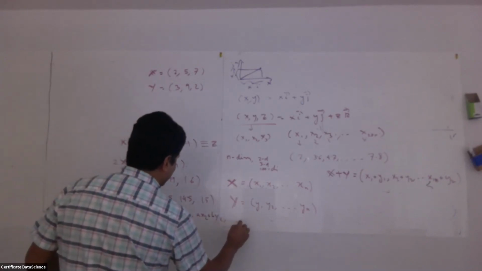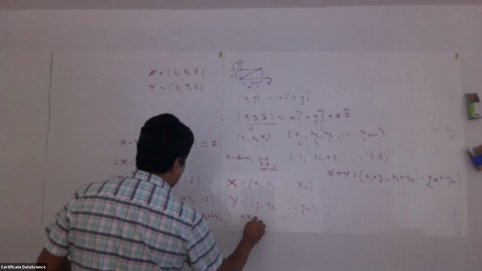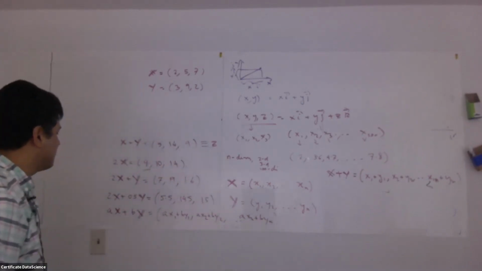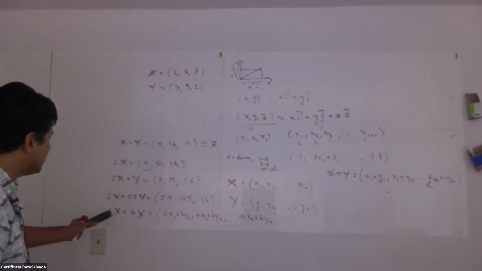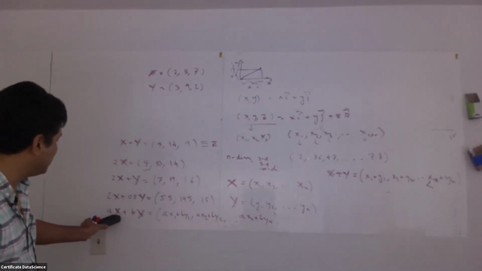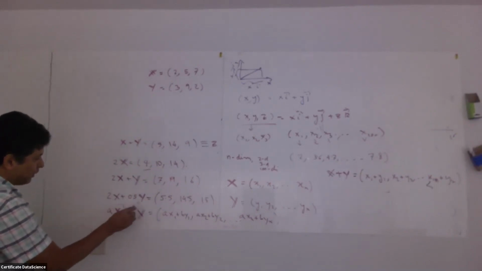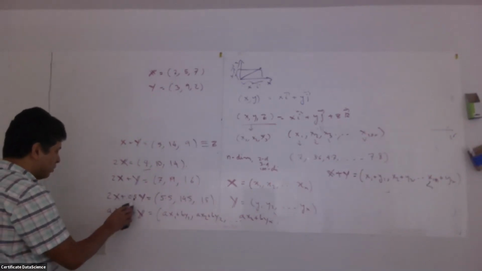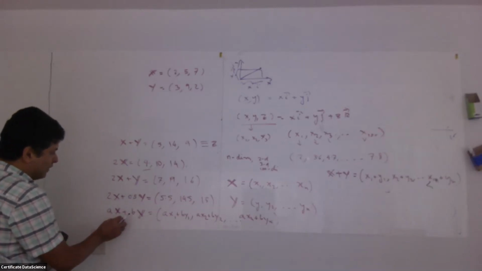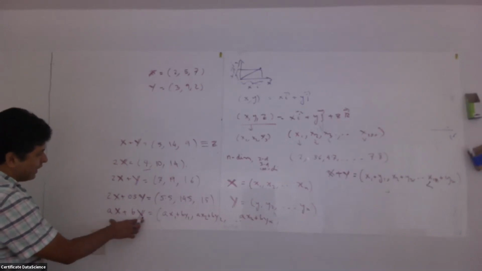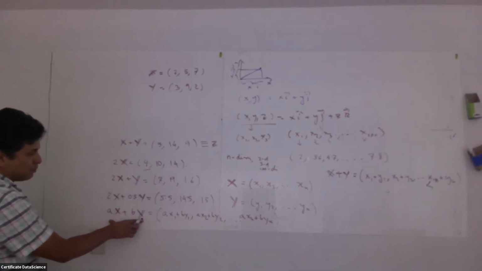This should be the resulting thing, AXN plus BYN. This is called a linear combination of two vectors. It's linear. There is no squaring going on here, no square root, just straight up multiplying by scaling, that's okay. It's still linear and combined. It's called linear combination of two vectors.